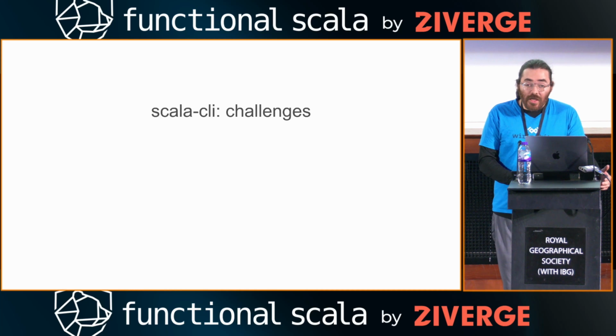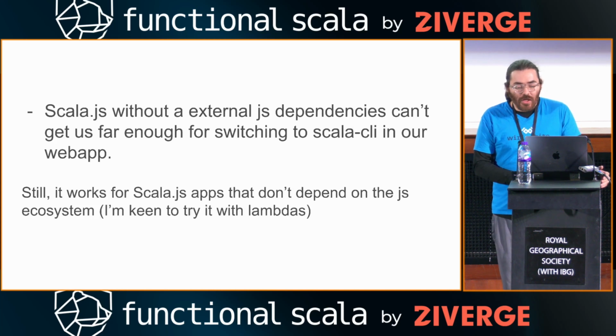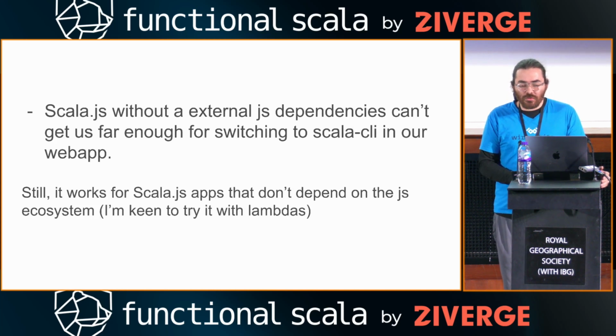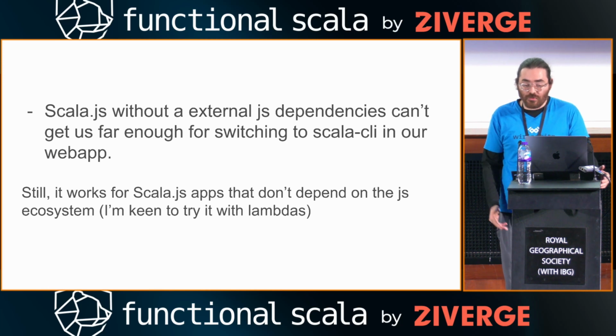You might think that not everything is perfect, and that's right. Scala-CLI has a few challenges. It's not a big deal in my opinion. I would personally prefer to try writing full-stack web applications with Scala-CLI only, but the truth is that we depend on the JS ecosystem. And depending on the JS ecosystem is blocking us from doing this because Scala-CLI has no way to deal with this because it's not a build tool.